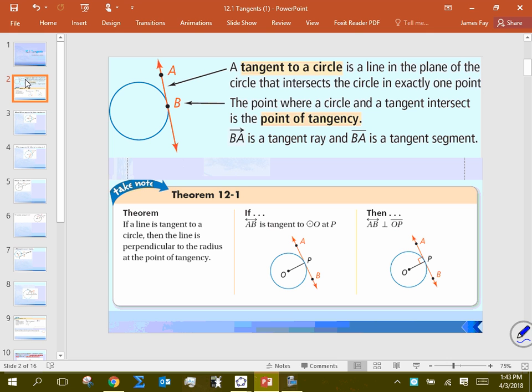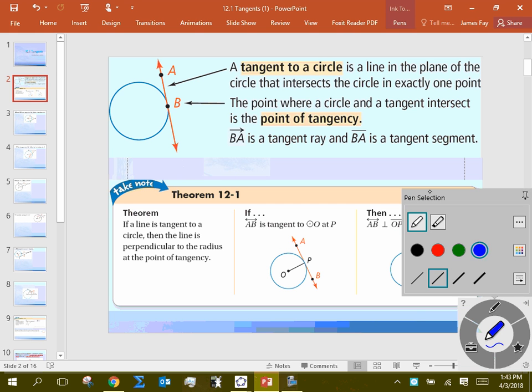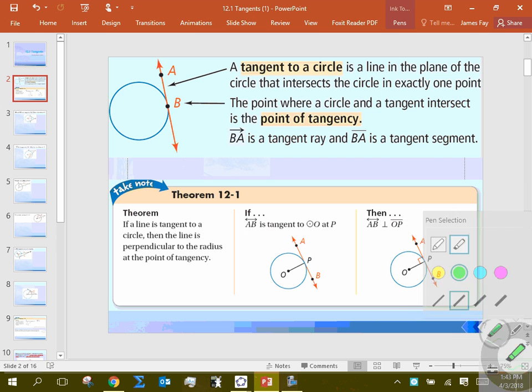A tangent to a circle is a line in the plane of the circle that intersects the circle in exactly one point. A lot of key phrases that have been mimicked throughout the rest of the course.